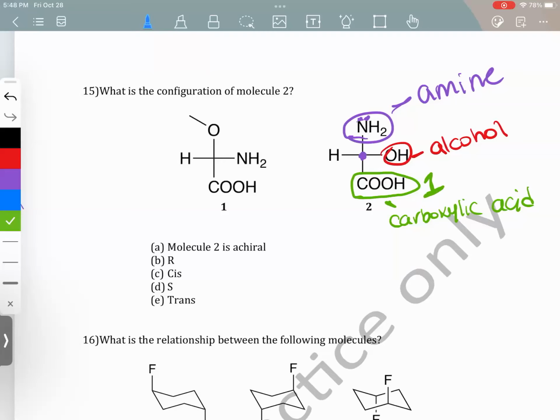You have two oxygens, more electronegative, and then resonance can happen between them, so higher priority. Then what do you think comes next? The amine.